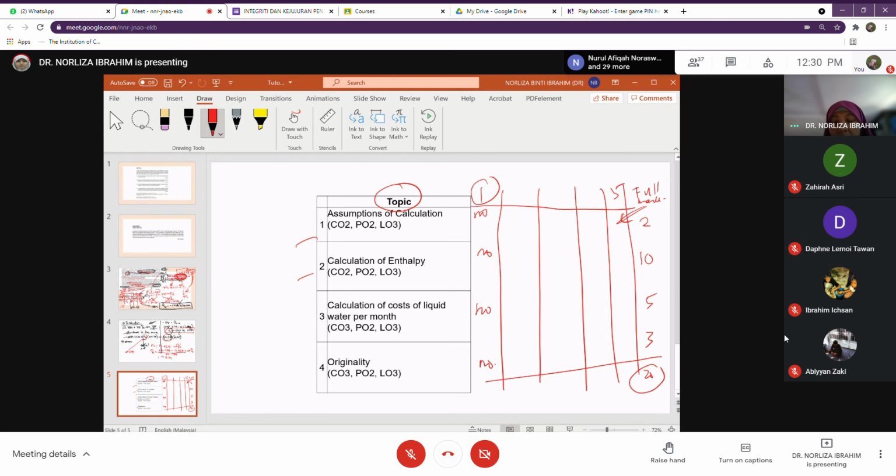So where we put your mark is this column. Let's say you got 5 over 5 times 2, so it's only 2. But if you get 5 over 5 times 10, it is 10. If you got 2 over 5 here, it will affect your whole marks.